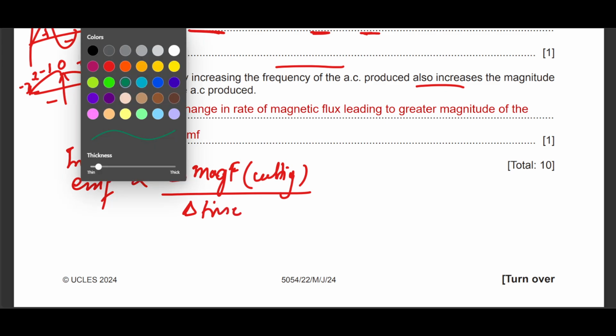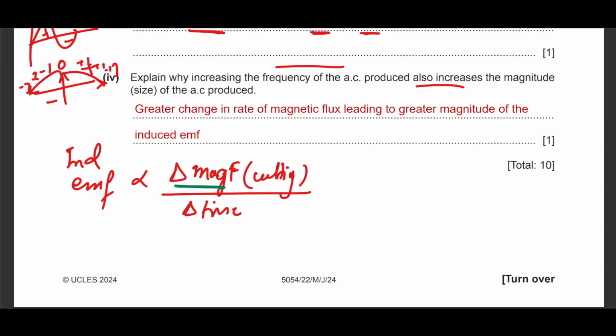If you keep your movement the same but increase the frequency, you increase the speed, so you are doing it more quickly than before, and the time of the cutting of the magnetic field decreases.